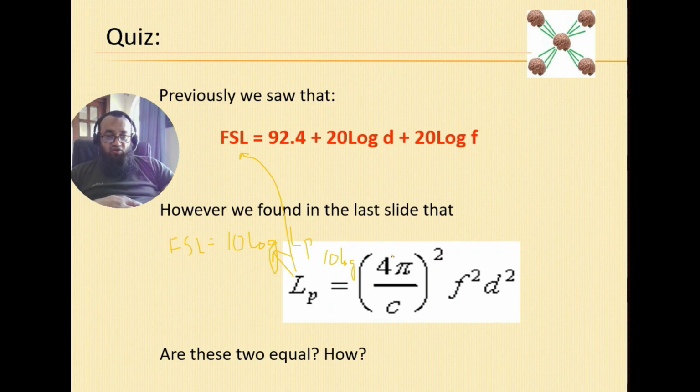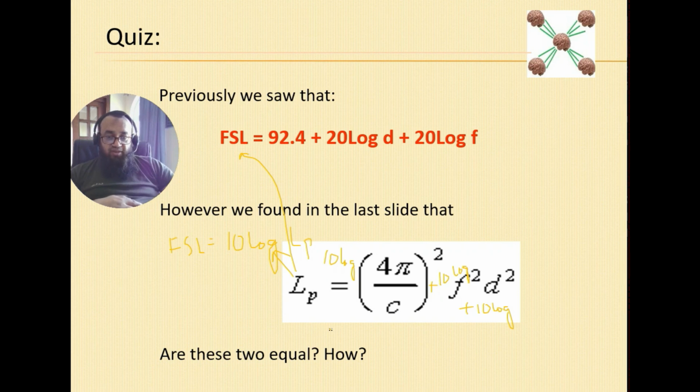And when we take logs, the multiplications change to additions. This will be 10 log of f square plus 10 log of d square. When there are squares, this 2 is multiplied from the log value. It comes out of it and is multiplied here.